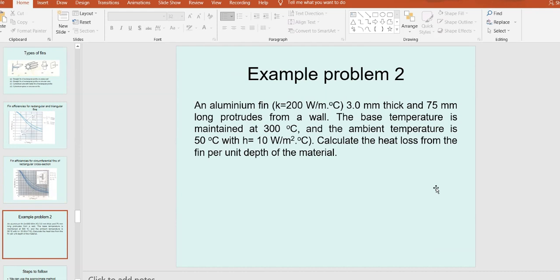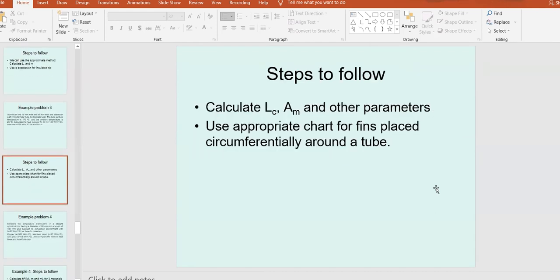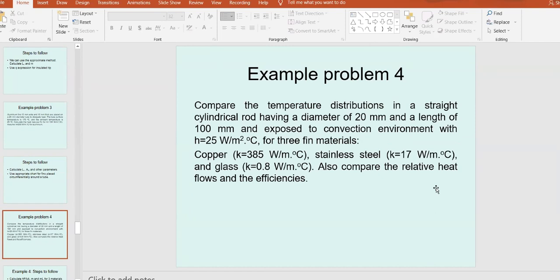We have done these problems. 2 was a straightforward problem, 3 was I think again an aluminium fin, and then this is something I asked you to do, and I still urge you to try it in your own time, perhaps during the midterm break.